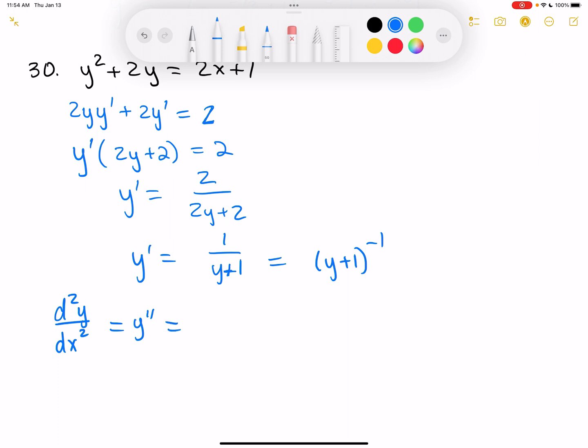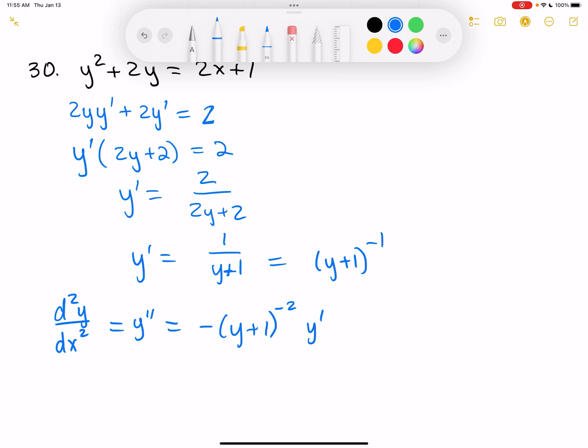So then what would the derivative of this y plus 1 to the negative 1 be? Can you look at it again? Negative y plus 1 y prime plus... Oh yeah.